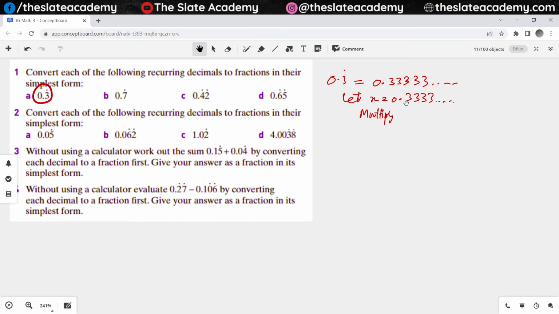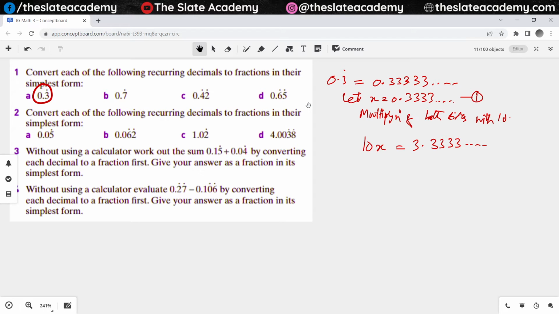Multiplying both sides with 10, this equation I call 1, and the second equation I call 10x, and the right hand side would become 3.3333 till infinity.